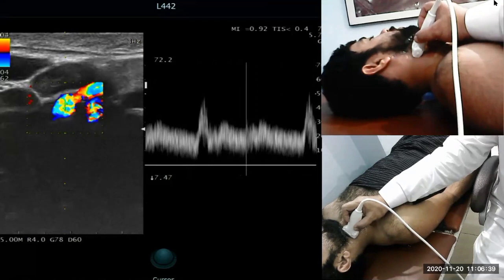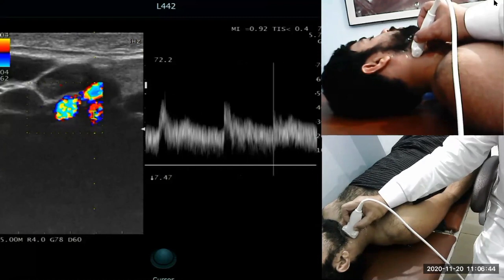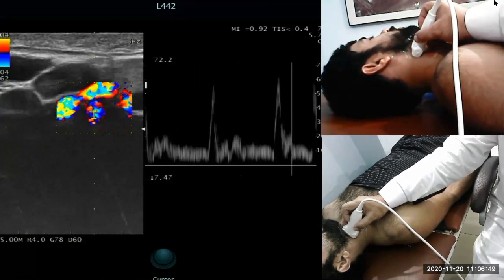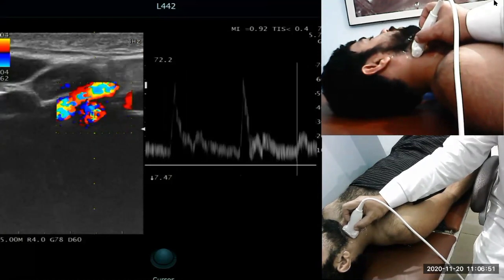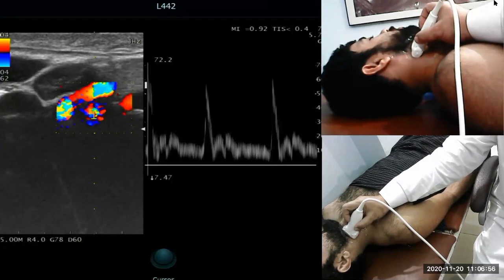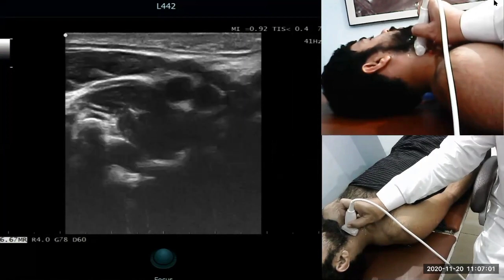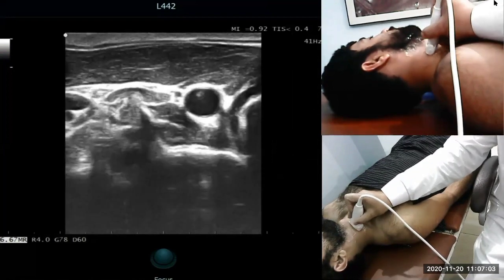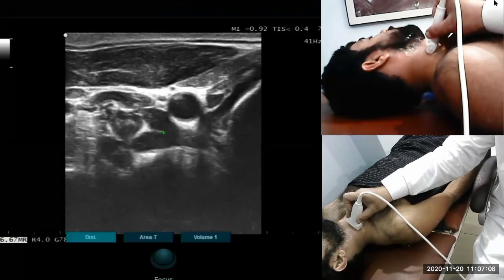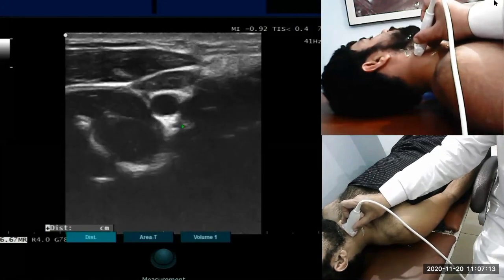Internal carotid is going to the brain. External carotid artery is going to the face as the facial artery. So let's see. This is the common carotid artery here, dividing into two.